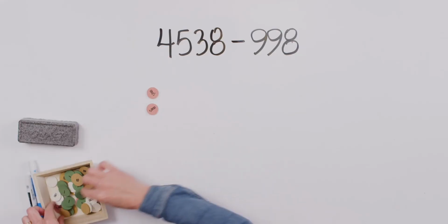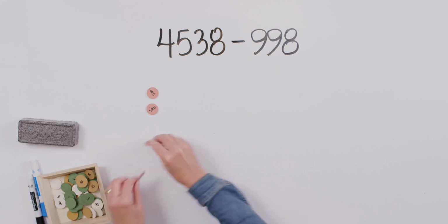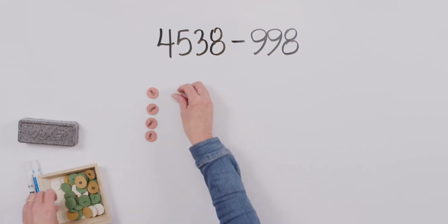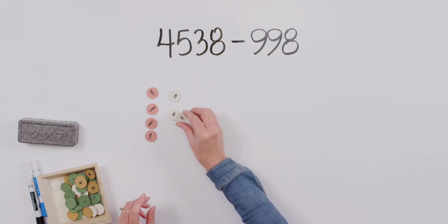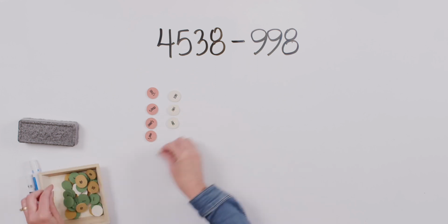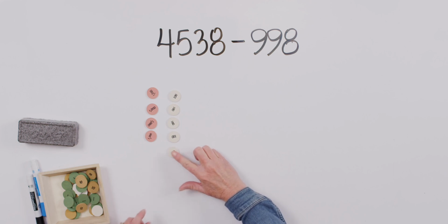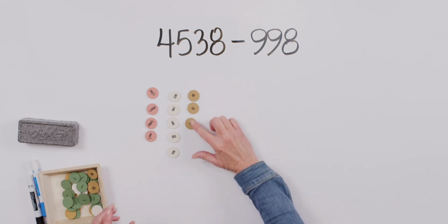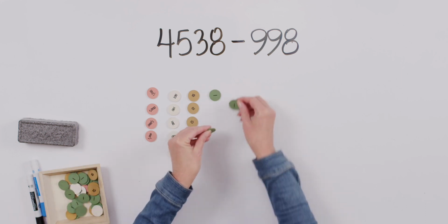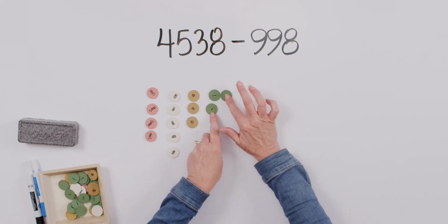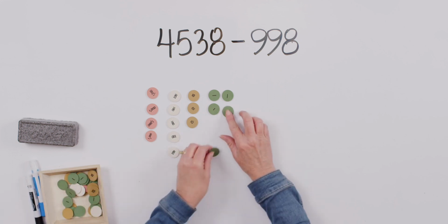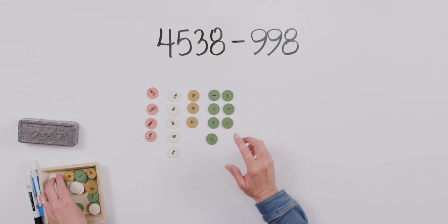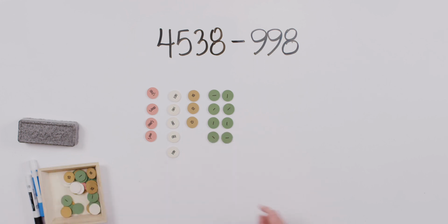So if I have 4,000, 500, and 38. Great, good, right?